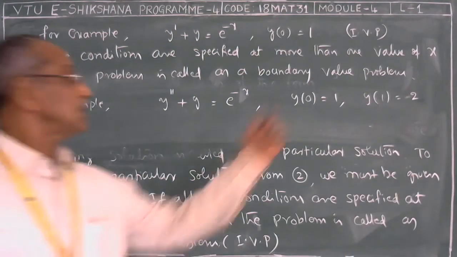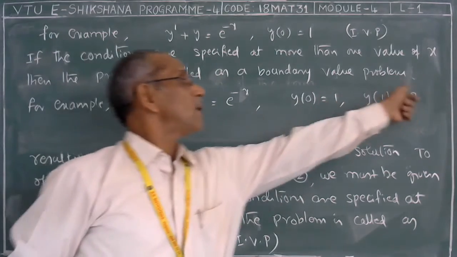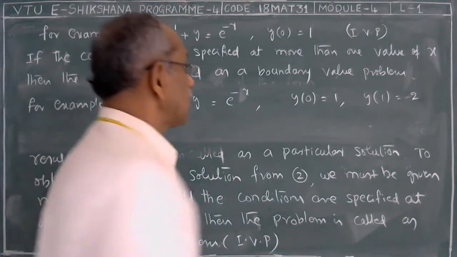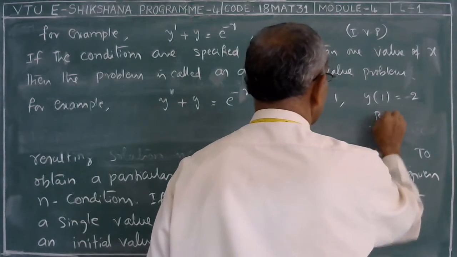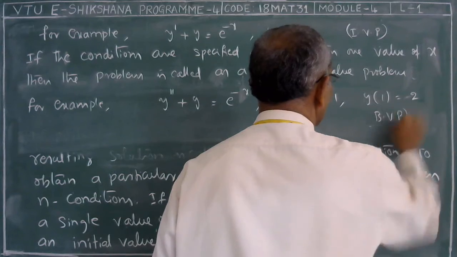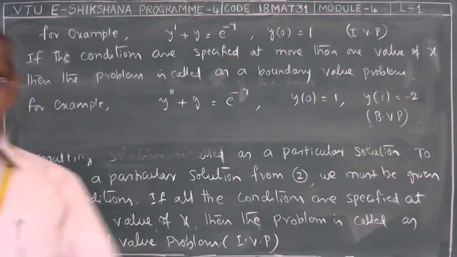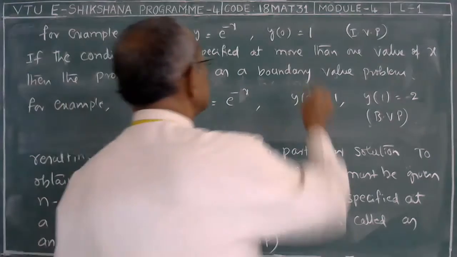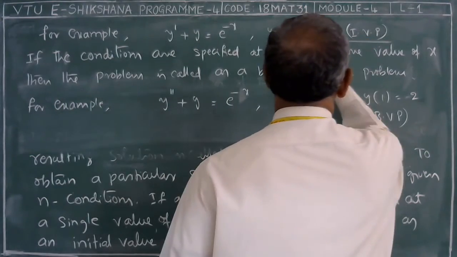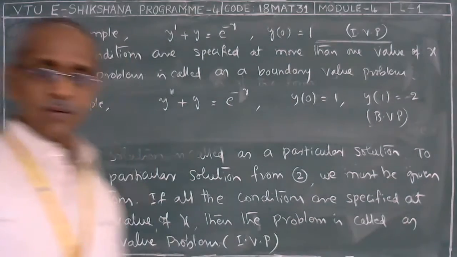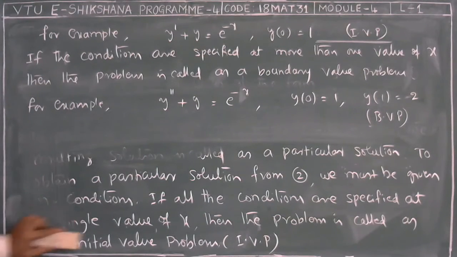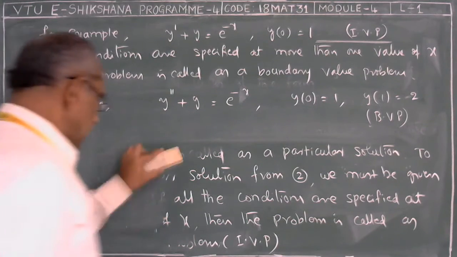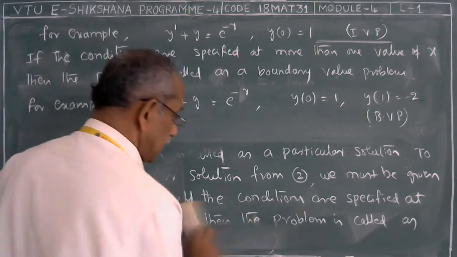That is y equal to 1 at x is equal to 0, y equal to 2 at x is equal to 1. So up to two different values of x. So this is an example of a boundary value problem. So in your course, you will be solving numerically only the initial value problems.